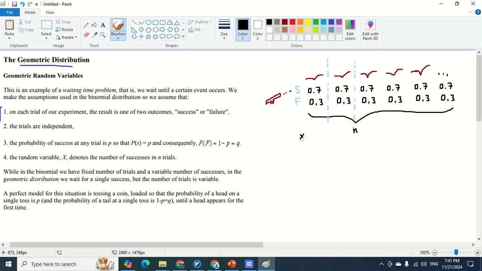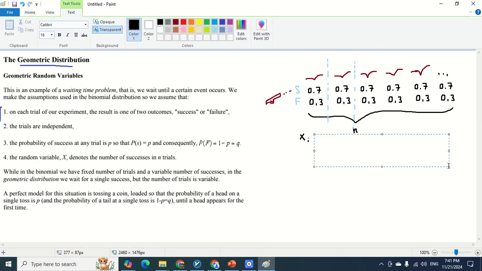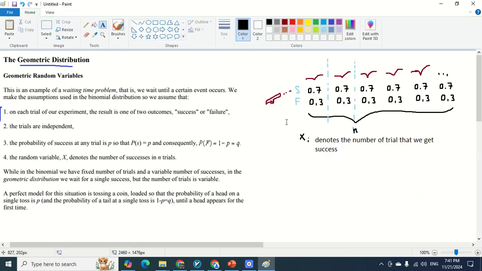X over here denotes the number of the trial on which we get success. So that means the first success. Indeed it's better to emphasize the first success, to get the first success.